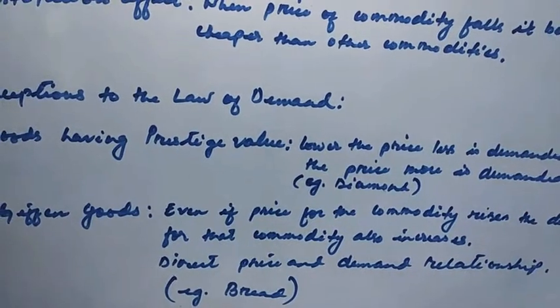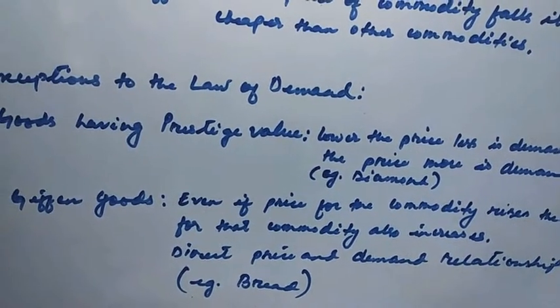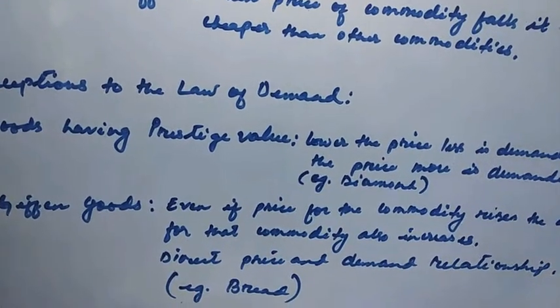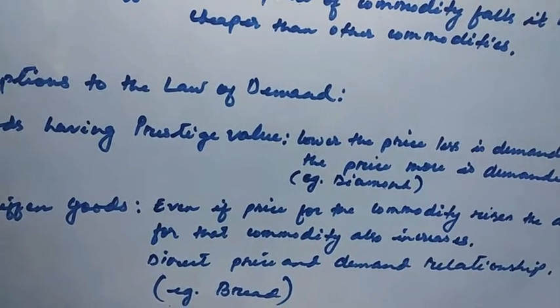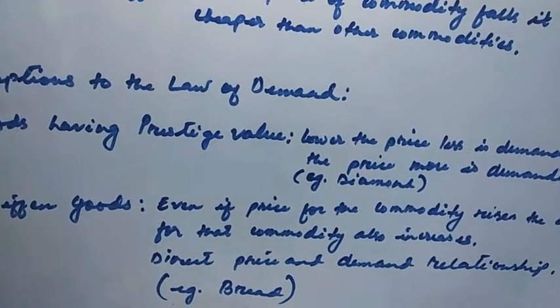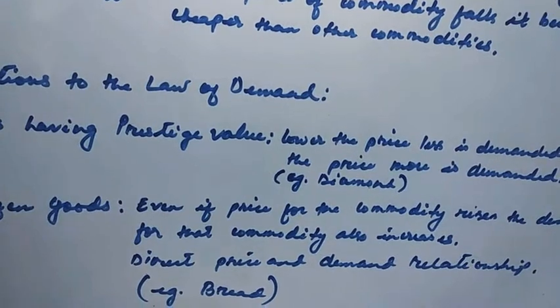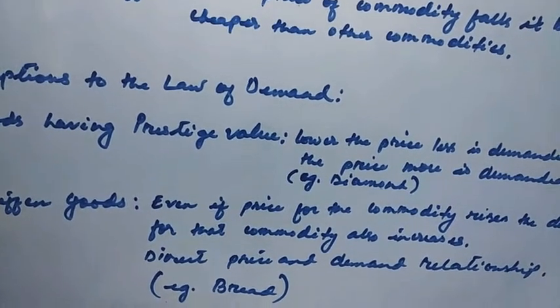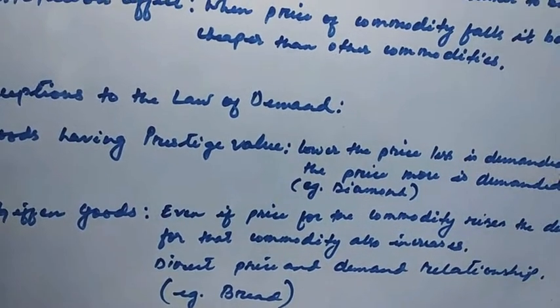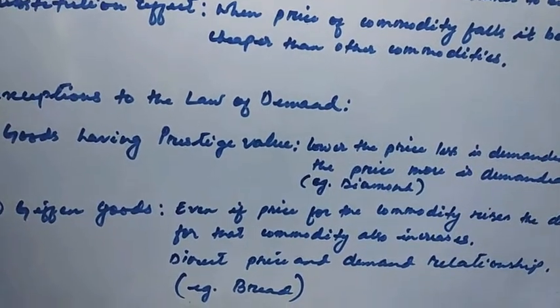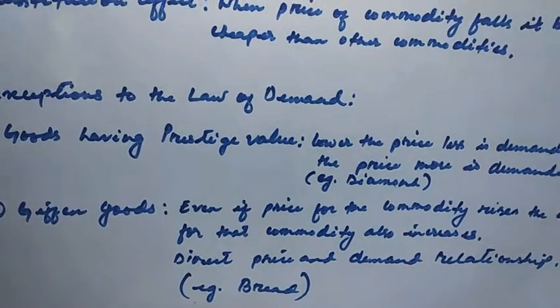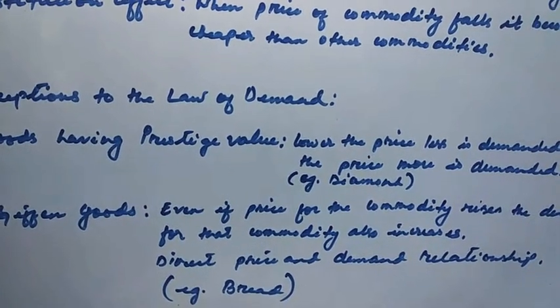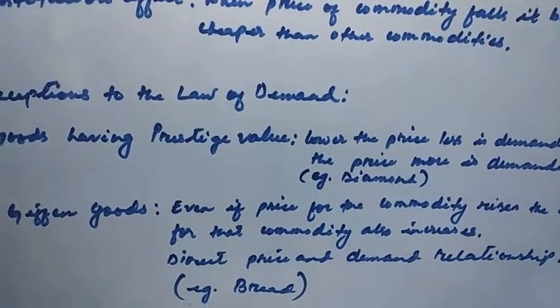The reason given for this is that these British workers consumed a diet of mainly bread. When the price of bread went up, they were compelled to buy more of it, because they could not afford to purchase meat as much as before, since meat is much costlier than bread.